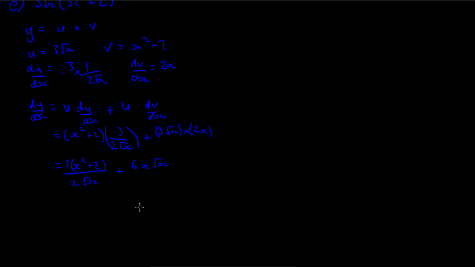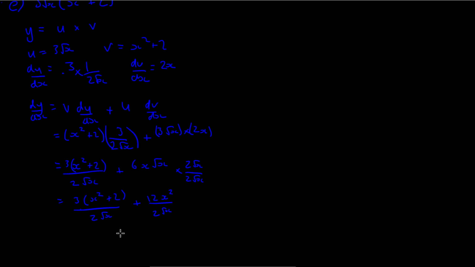We've got two separate terms. We can gather them up by multiplying this right-hand term by 2 root x over 2 root x, so that is the same as multiplying by 1. So we'll get 3 bracket x squared plus 2 over 2 root x plus 12x squared over 2 root x.